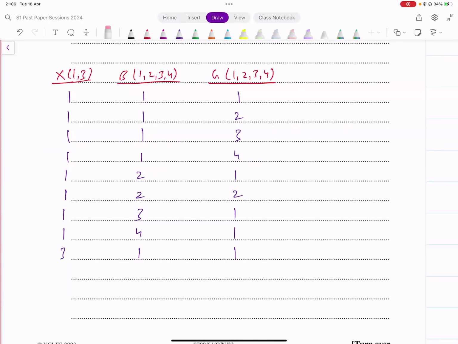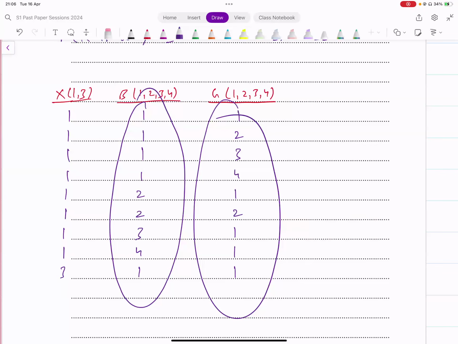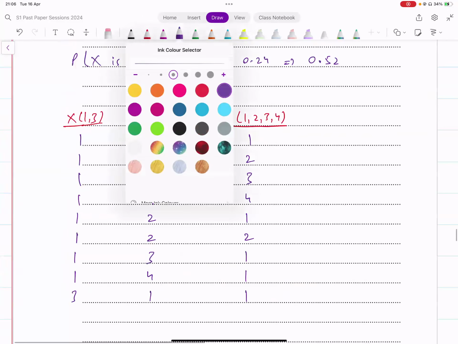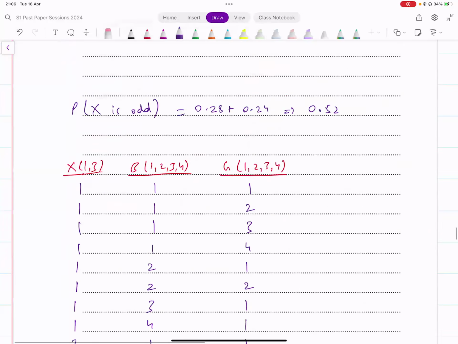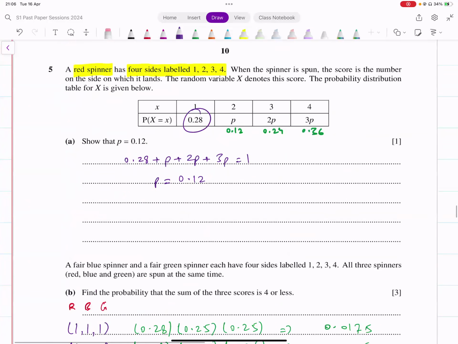Now we have to find the probabilities. How do you do that? All of these probabilities, remember, are 0.25. Only probability of x is different. Probability of x being equal to 1 is 0.28.